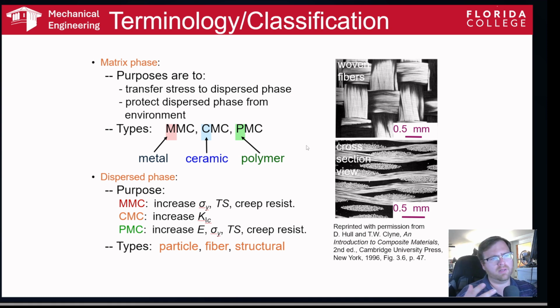We will move out of kind of an isotropic system, right? If we think back to when we were discussing isotropy versus anisotropy, adding these fibers and these configurations can wildly change how isotropic or anisotropic it is.